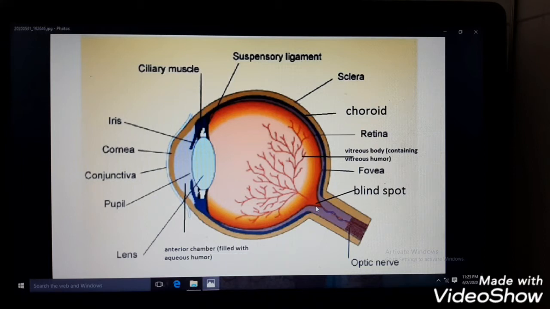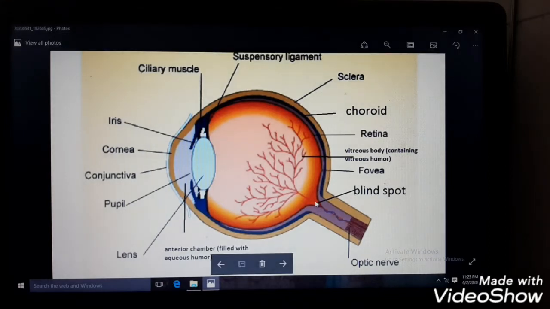It is the part of the retina where the optic nerve leaves the eyeball. From here, from the eyeball, this is our complete eyeball, the optic nerves come out from here. It is that point, the blind spot. At this point no rod or cone cells are present. So if no rod or cone cells are present, no image will form through it.